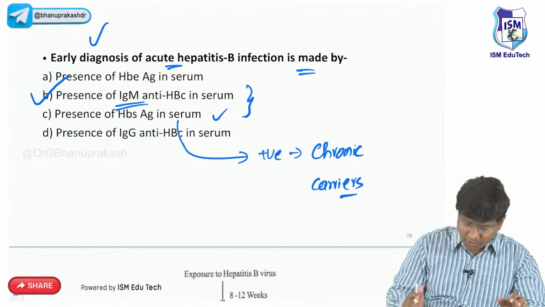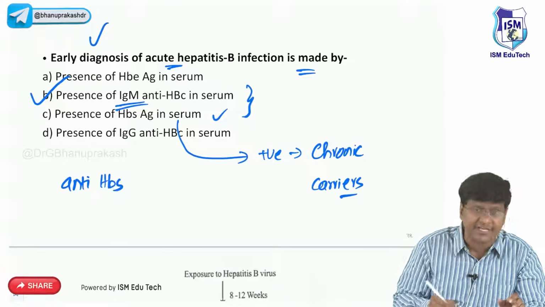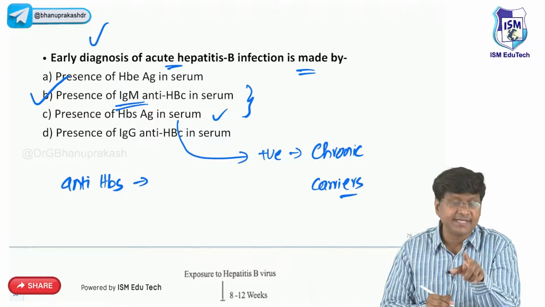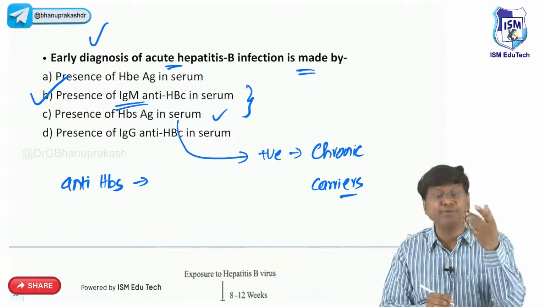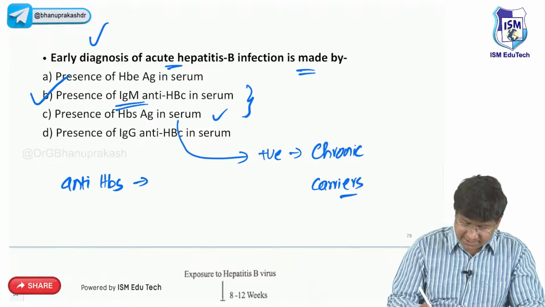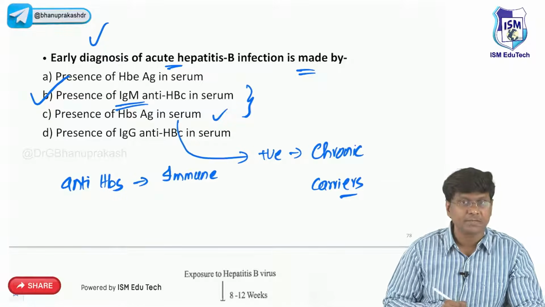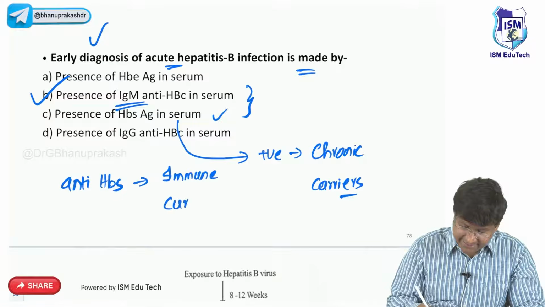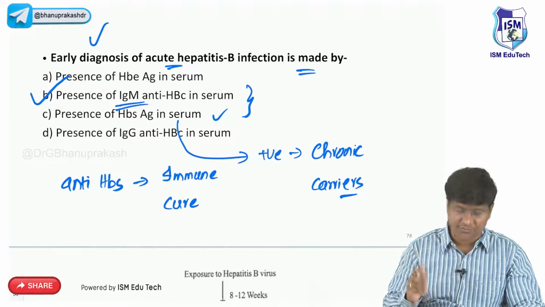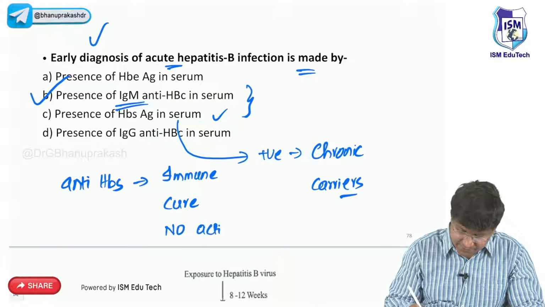Then what about the anti-HBs? Another important serological marker is the anti-HBs. If anti-HBs is positive, that indicates the development of immunity. That means the individual is immune, like cured of the hepatitis B infection, or the individual has no active disease.